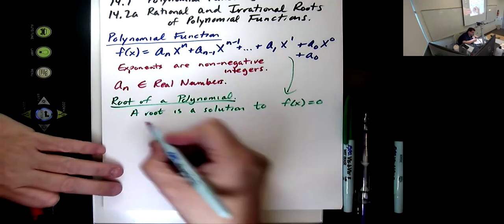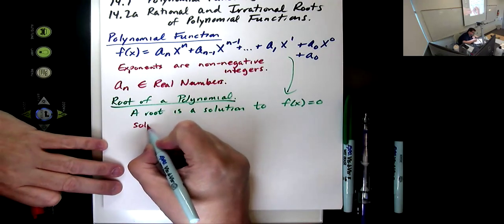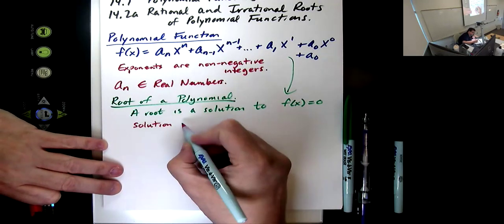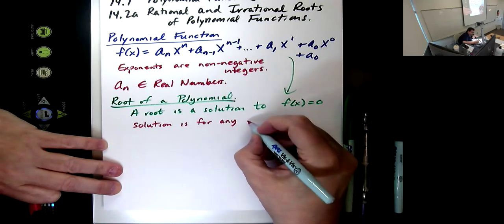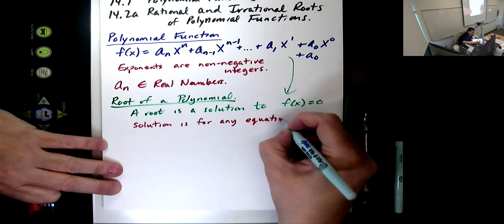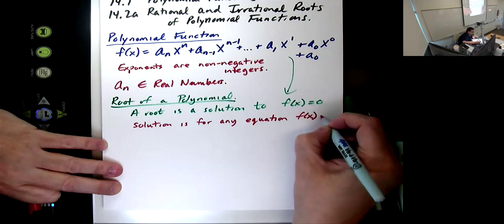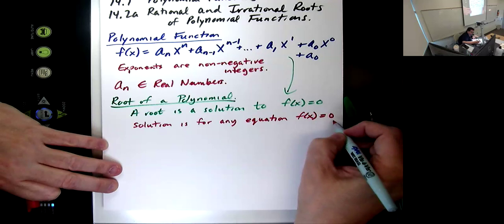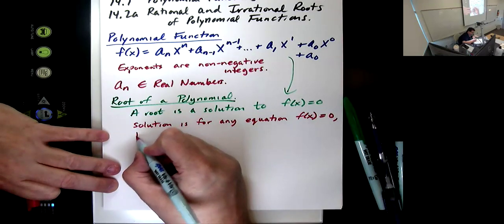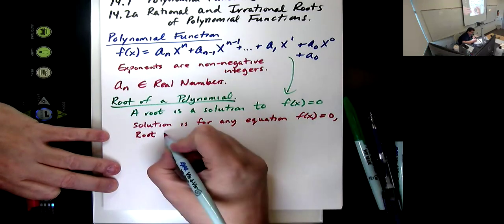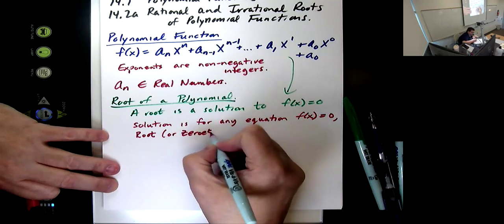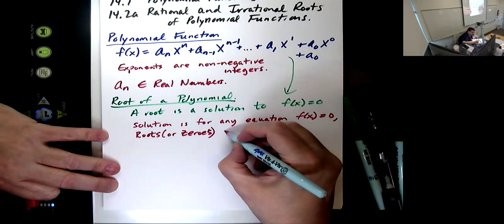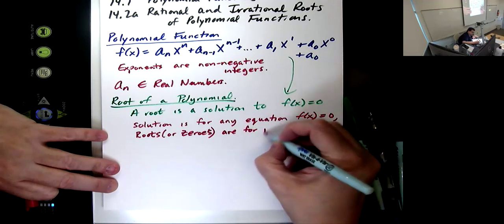We tend to use the word solution for any equation. Any equation, f of x, whatever that is, equal to 0. Root is used for root or zero. They call them the zeros. Roots or zeros are for polynomials only.